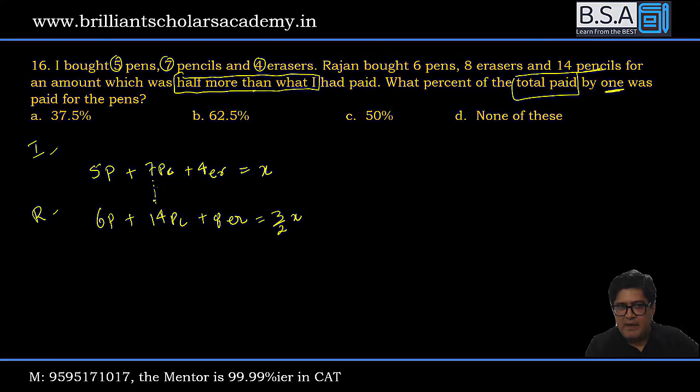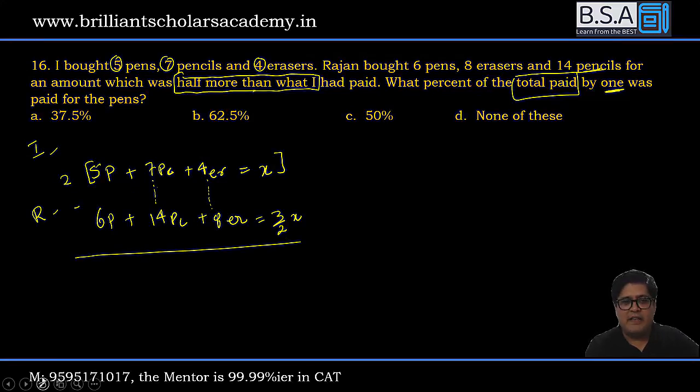Pencils have been doubled here, erasers have been doubled here. If I just double the first equation and subtract, what happens? I will rewrite this for you with a different colored pen. This becomes 10 pens, 14 pencils, 8 erasers is equal to 2x.